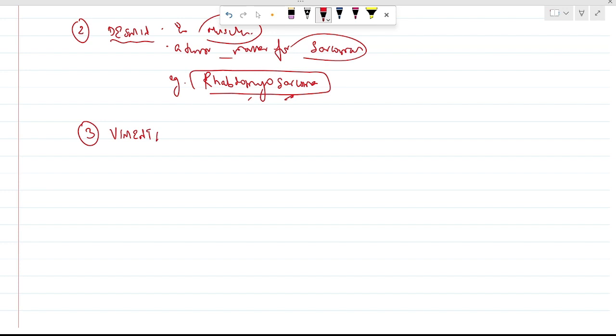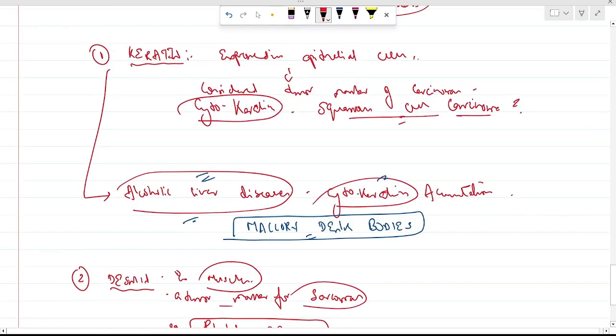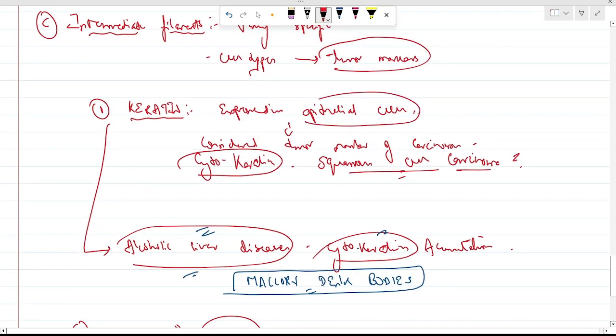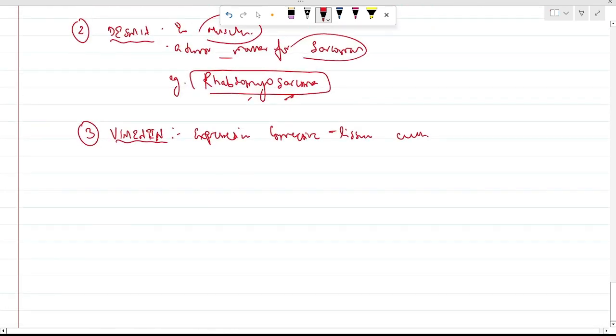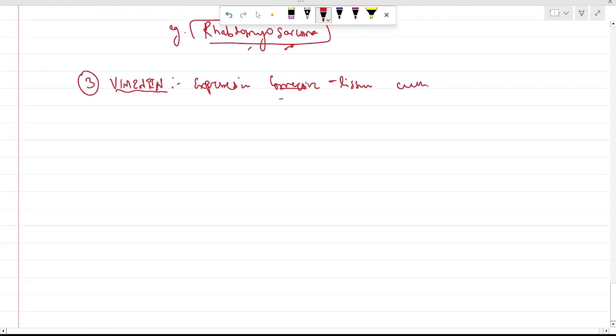Third we are going to discuss vimentin. This is often expressed in connective tissue cells. Before, we have seen that keratin is expressed in the epithelial cells. Now this vimentin is expressed in the connective tissue cells, for example, in fibroblasts.